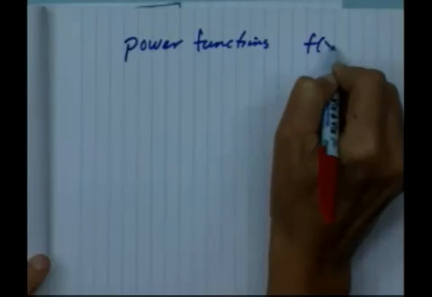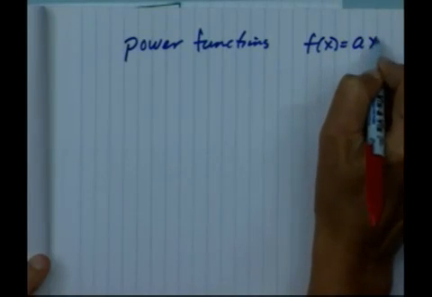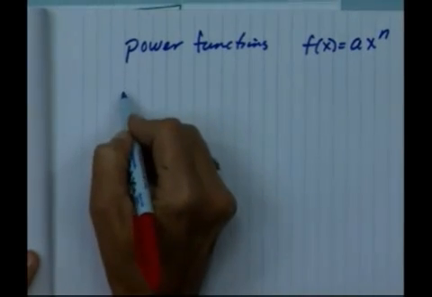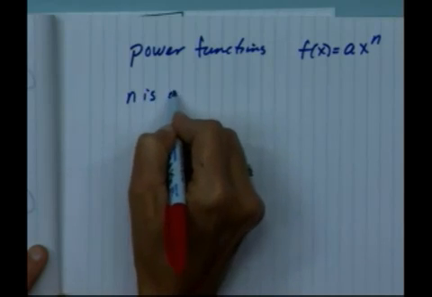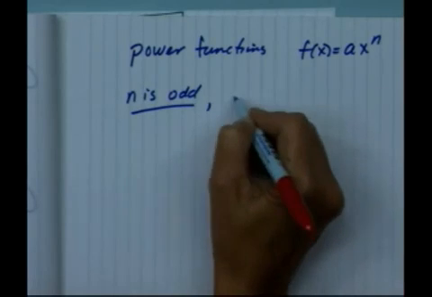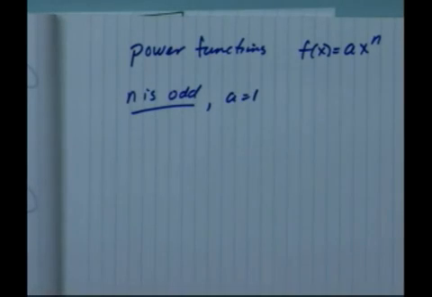All right, so we're looking at power functions, and this is the polynomial function ax to the n. First thing I'm going to do is look at when n is an odd number, and we're just going to pick a equal to 1 to start with.